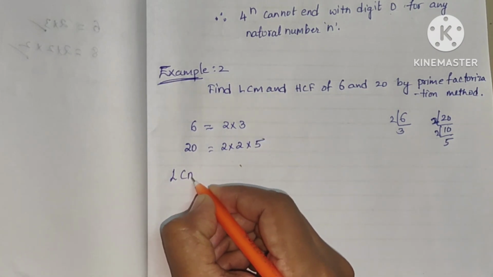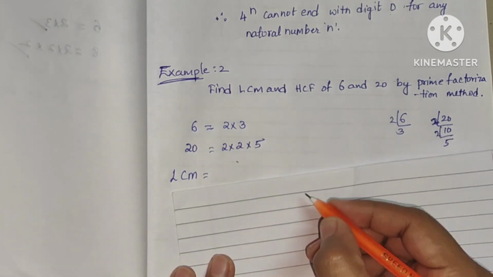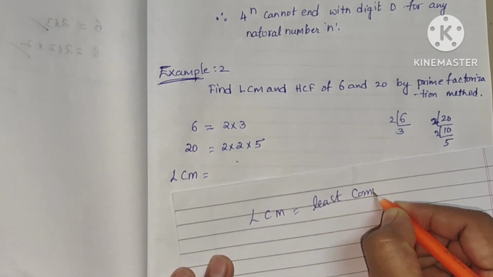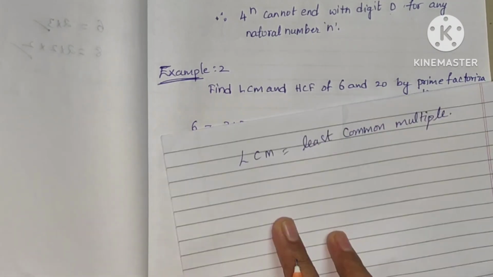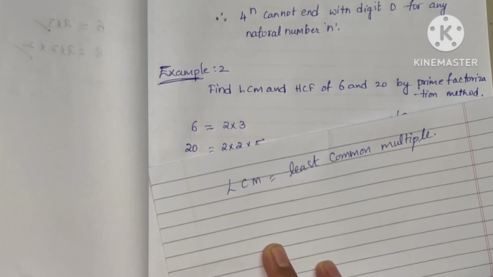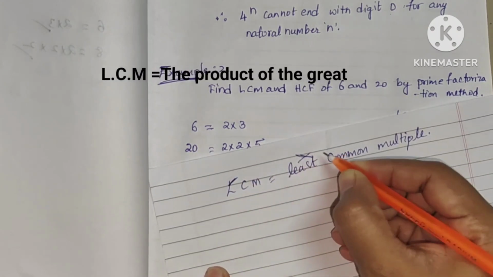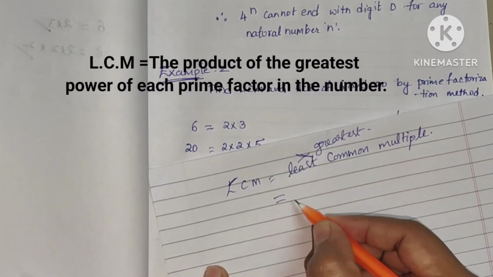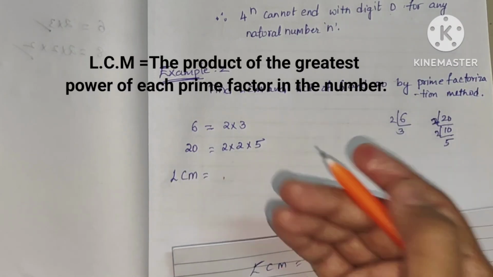So first, the LCM. Students, here you can very easily remember this formula. LCM means least common multiple, so the formula is the opposite: least is opposite of greatest, so it is the product of the greatest power of each prime factor involved.